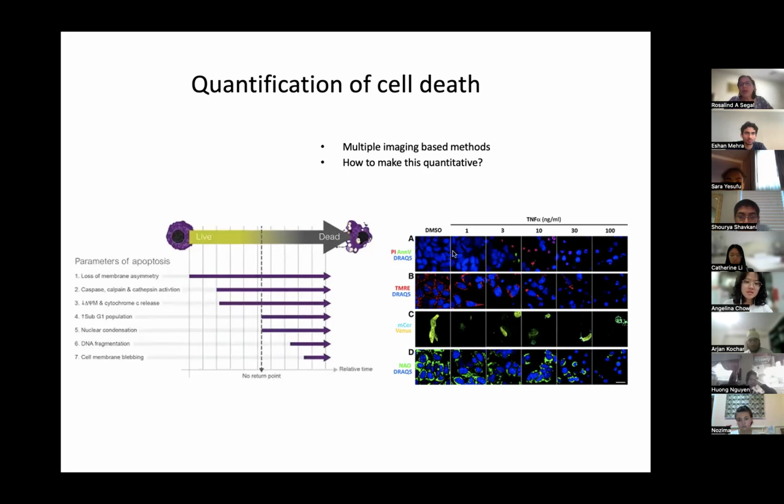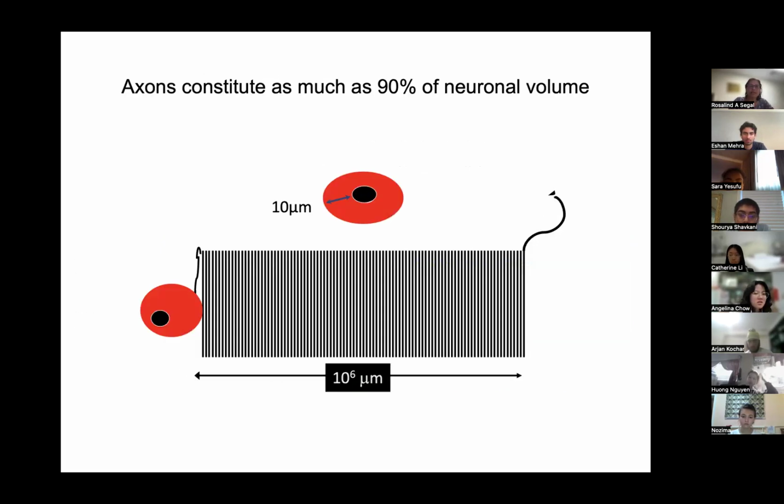And this just shows some of those examples of what it looks like. And so we can readily count and study this in a very rigorous quantitative fashion so we can look at what's happening and what can be done to prevent these kinds of degenerative diseases.